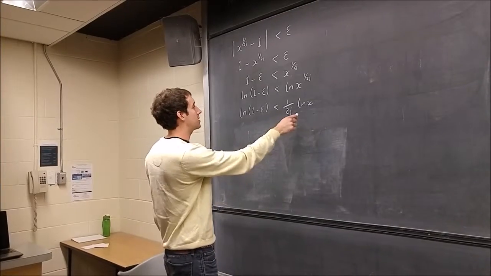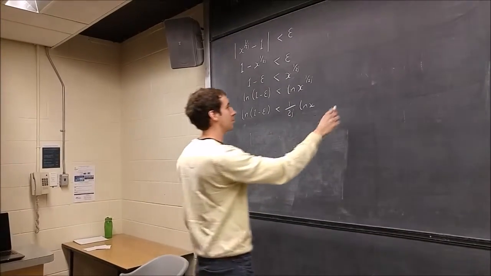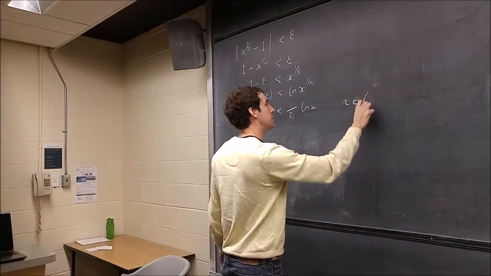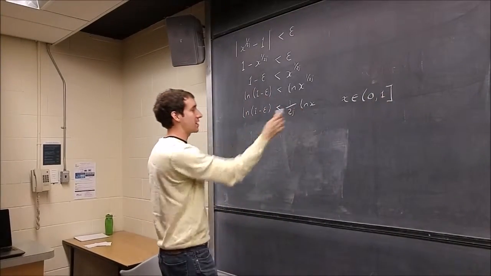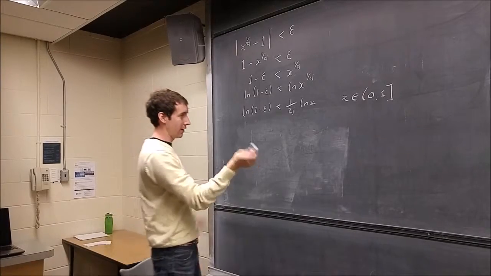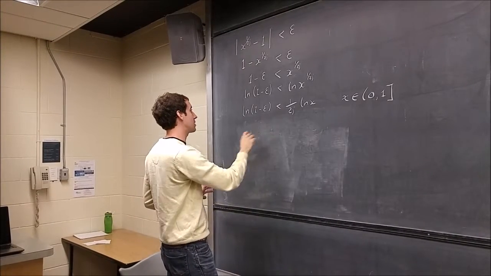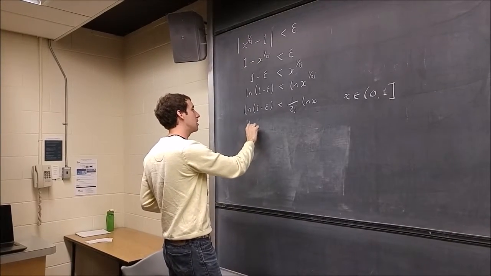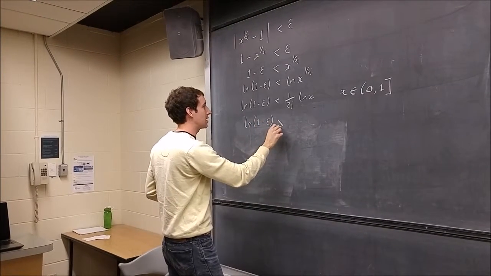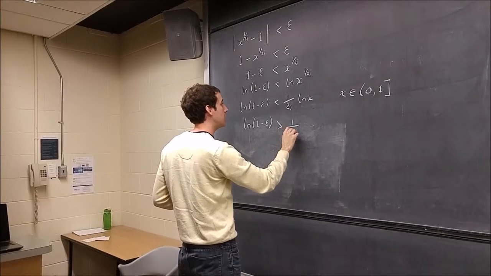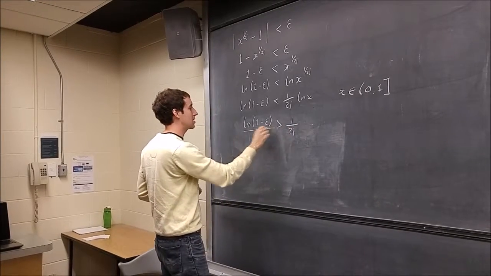Okay, so it's important here to recognize that x is in the interval 0 to 1. And that means that ln of x is actually a negative number. So if we rearrange this, we will have to change the sign of the inequality. So what we will have is ln of 1 minus epsilon is greater than 1 over 2j, bring the ln x down over here.